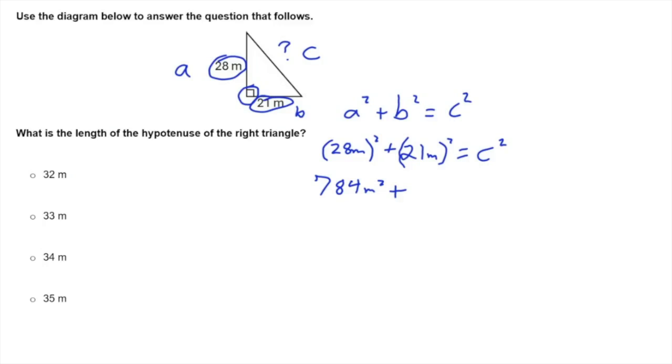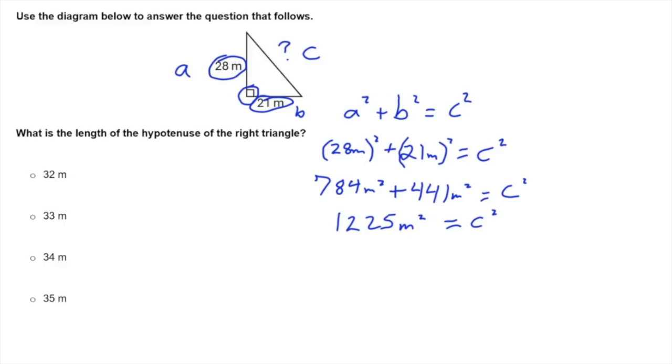If we square that, we get 441 meters squared equals C squared. Well, this is pretty easy. We just have to add 784 plus 441. That gives us 1,225 meters squared equals C squared.